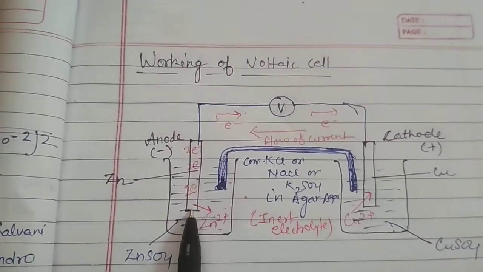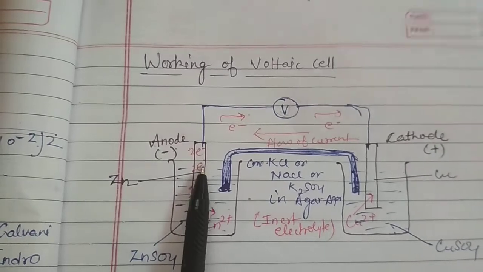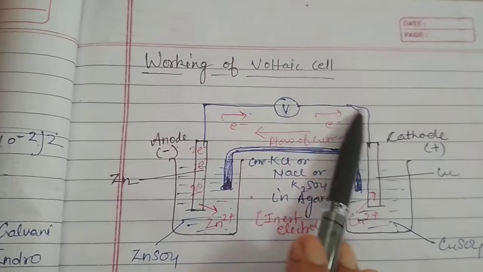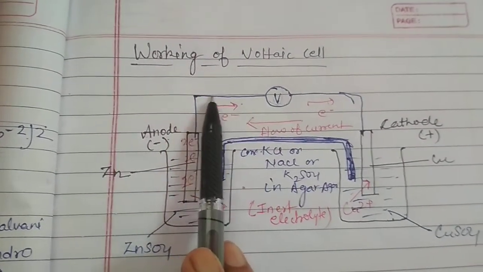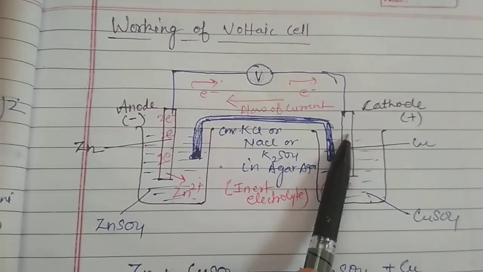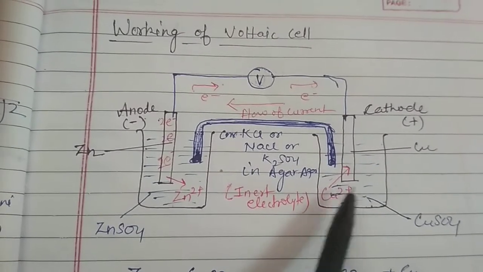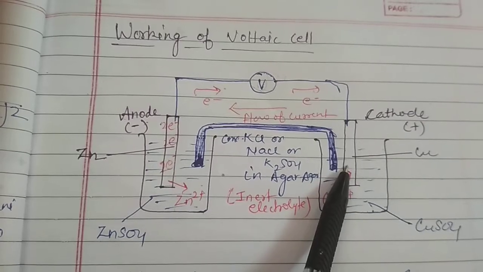And now as the number of electrons would be collected over here, they will push the forward electrons to move forward in the cell. So now the electrons will move through the wire to the next rod, that is of copper, and the copper ion in the solution after electronation would be reduced.